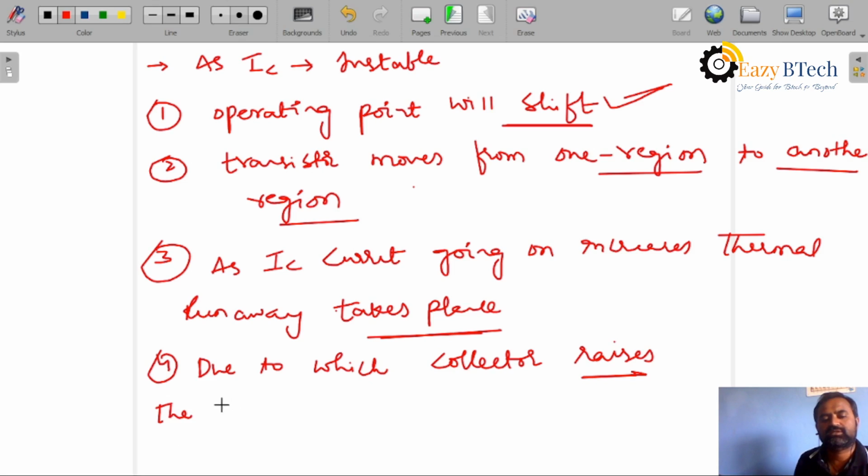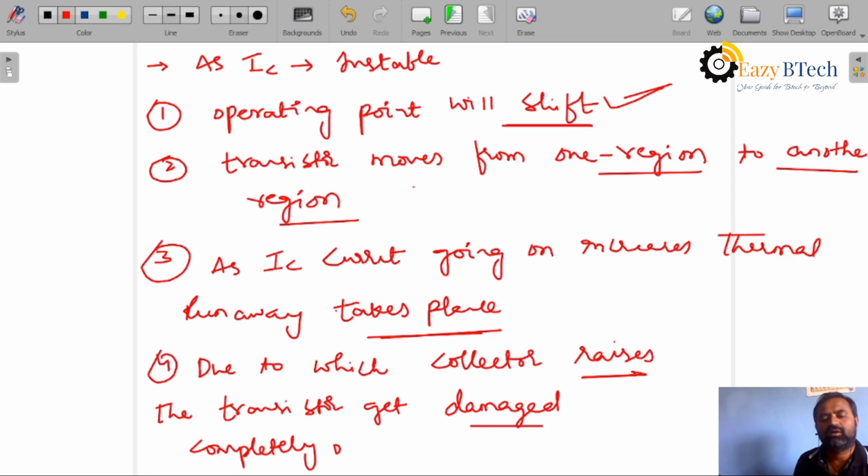The transistor gets damaged completely or permanently.